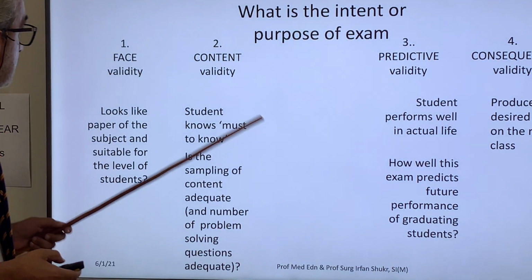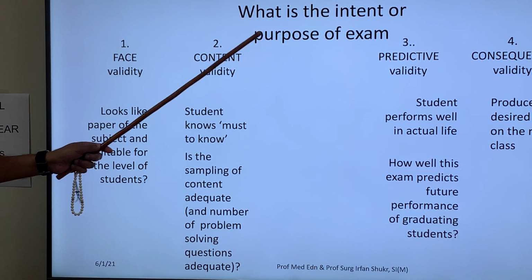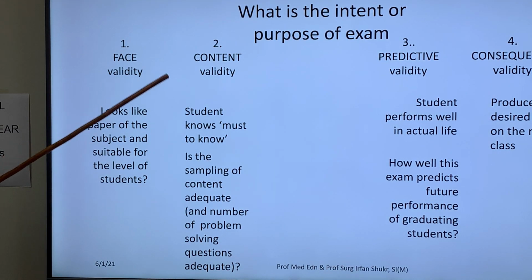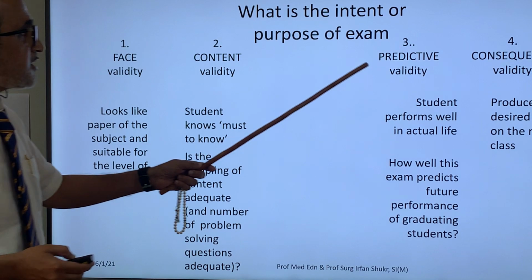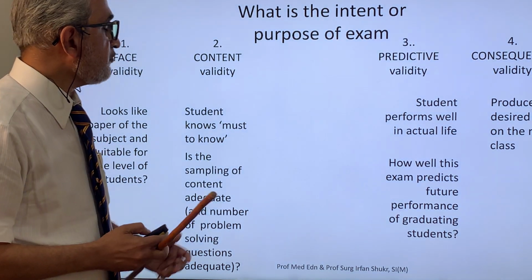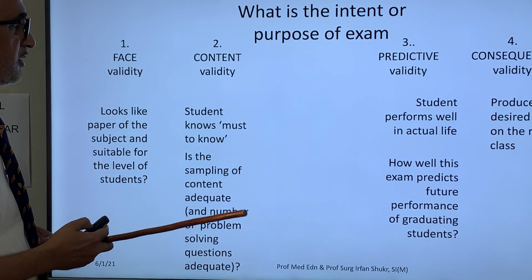Now if you see face validity and content validity, we can comment before examination. This on the basis of table of specification, this by looking at the tool. Whereas predictive validity and consequence validity, we cannot assign before the examination.